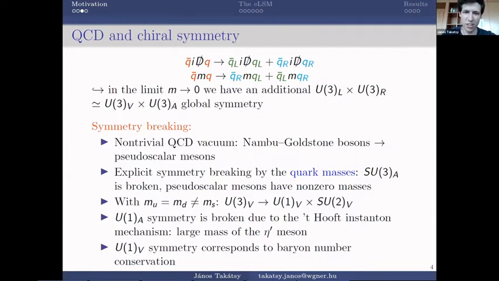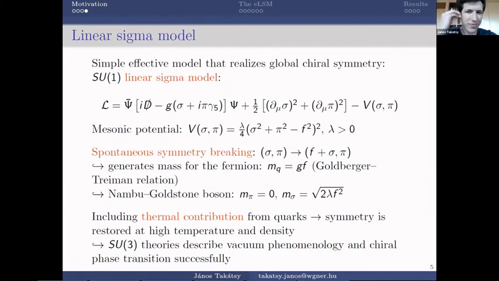All right, so then how can we model these symmetries? How can we put it inside a simple model? Basically the simplest model is an SU(1) linear sigma model, which contains quarks and mesons. So the gluon fields, these degrees of freedom, are integrated out. And the Lagrangian that you can see here is of the linear sigma model. It has a quark part, also a single scalar and a single pseudoscalar meson with kinetic terms.